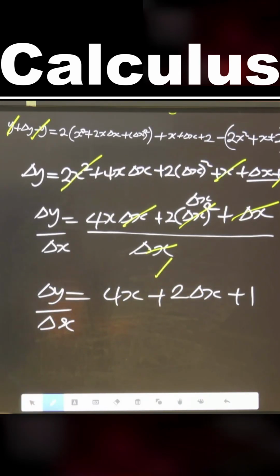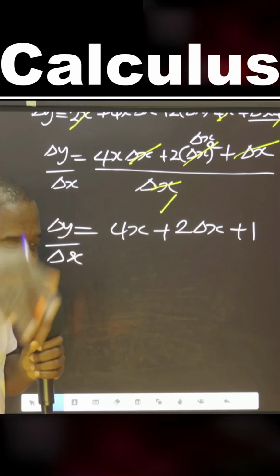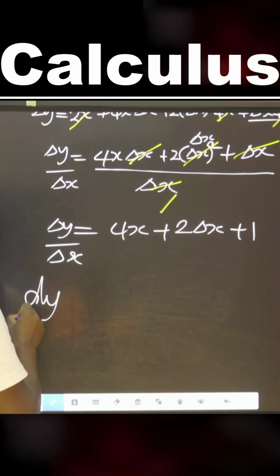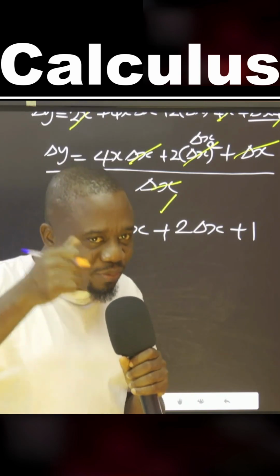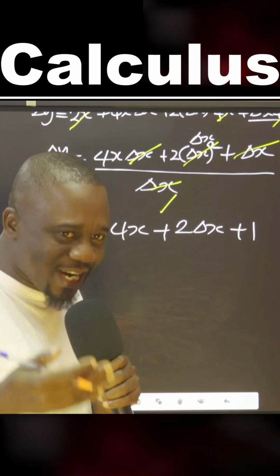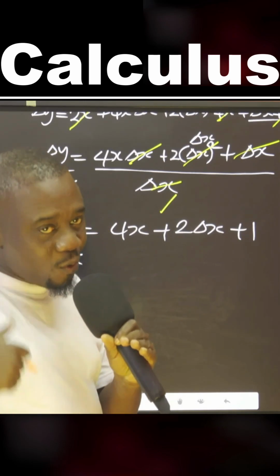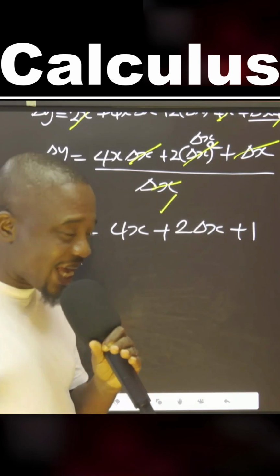We have this, okay? So now we want to introduce dy dx now, which is the differentiation, to get the derivative. So the dy over the dx. Please don't say, I don't understand. No. Go and watch the previous video. This one becomes a piece of cake. If you don't understand because there is a knowledge gap, go and watch the previous videos on calculus. Don't miss any class, okay?